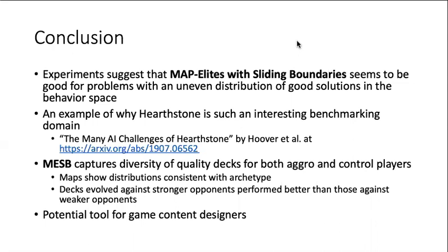The one problem we thought we would have with this approach, we were able to take a look at by sort of reducing the behavior space to the phenotype space, so we were able to calculate that easily. That's part of why we chose mana curve, to double check what was going on with our sliding boundaries.